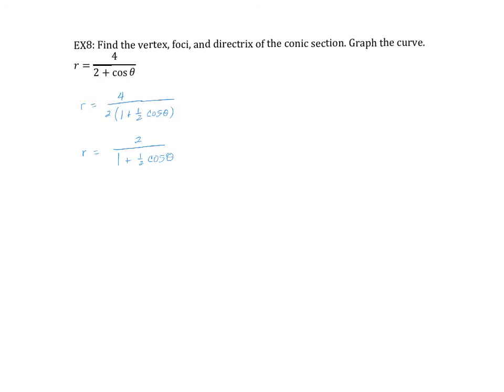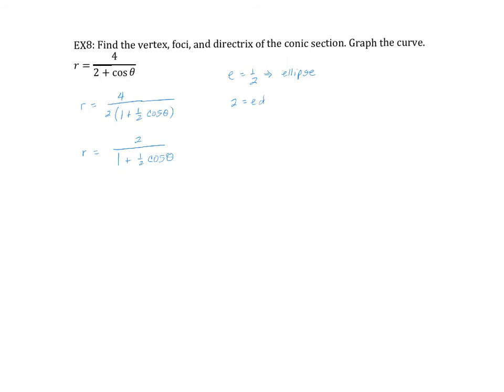If we compare it to the general formula, the 1/2 in front of the cosine would be the eccentricity, so e is equal to 1/2. Since my eccentricity is equal to 1/2, that tells me that this is going to be an ellipse. So I know the type of conic I have. Now I know that the numerator 2 is equal to the eccentricity times the directrix d.